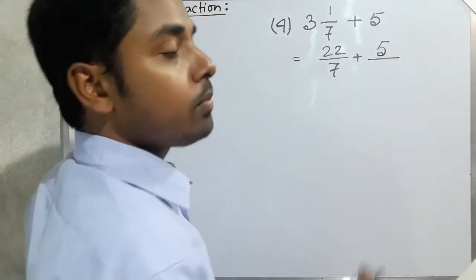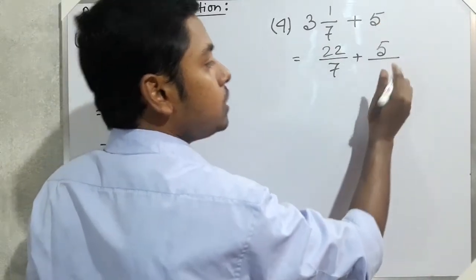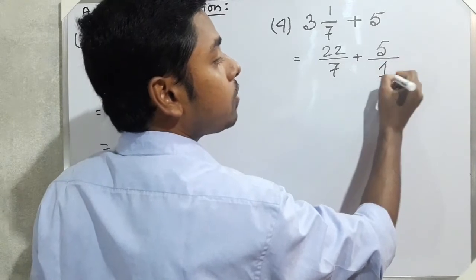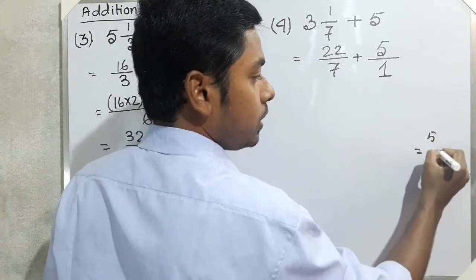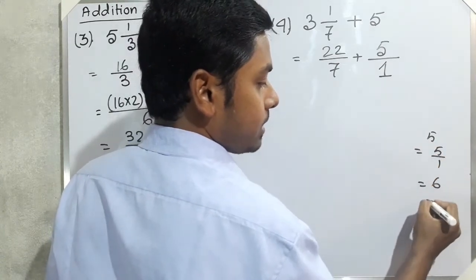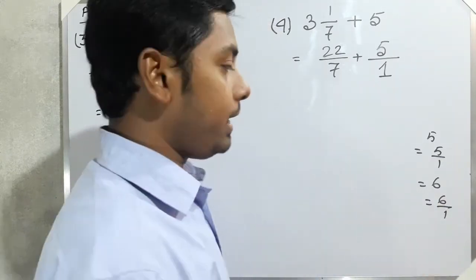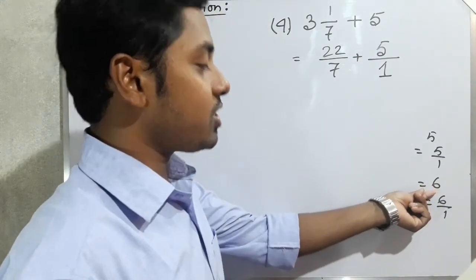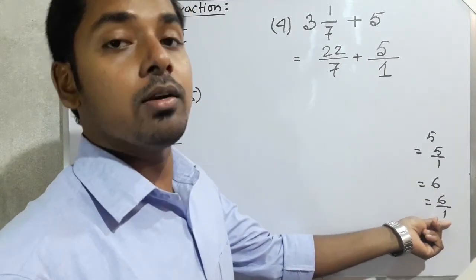So what will be the denominator? In this type of case, the numerator you take, and the denominator you take as 1. Suppose 5 only, so you can write 5 as 5 by 1. Suppose 6, we can write it as 6 by 1. Any whole number or natural number you can write like this with the denominator 1.